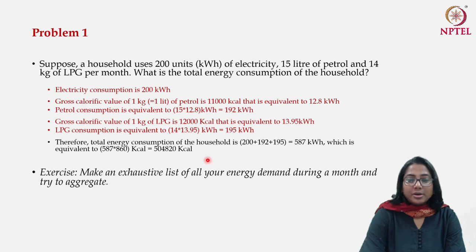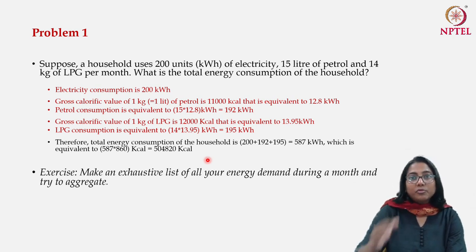Here, we are talking about electricity, petrol and LPG gas; you may think of other forms of energy that you are using in your day-to-day life. Make a list and try to convert everything in one unit and see what your total energy consumption per month is. And then you can do very interesting exercises, for example, to see what proportion comes in the form of electricity, what proportion comes in the form of LPG and so on.